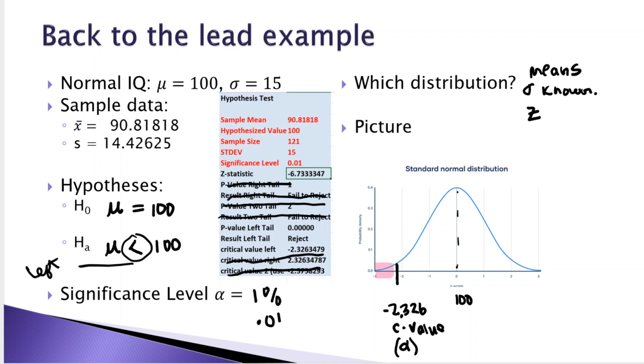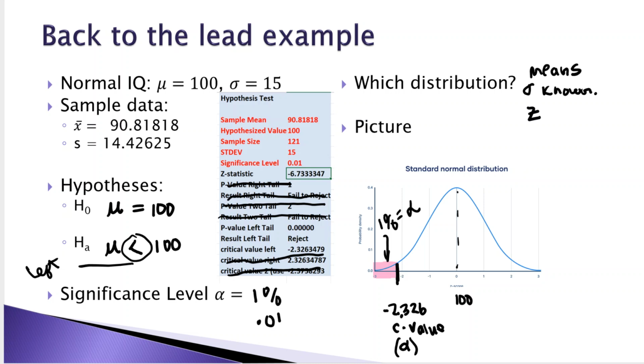This area here, that area is alpha. And the dividing line between our alpha and our non-alpha is the critical value, the negative 2.326.